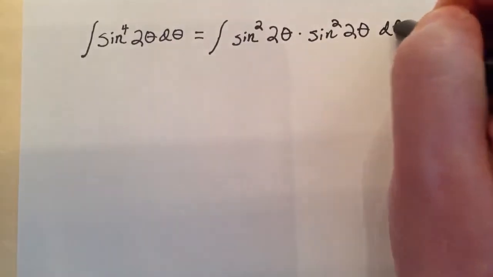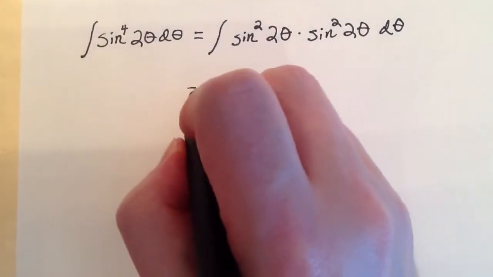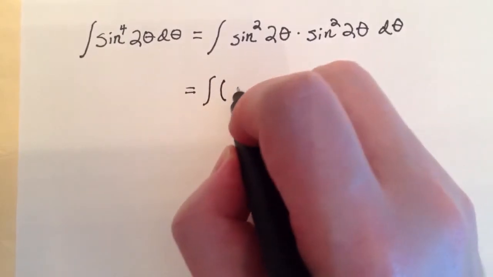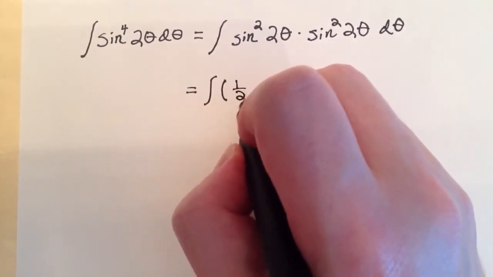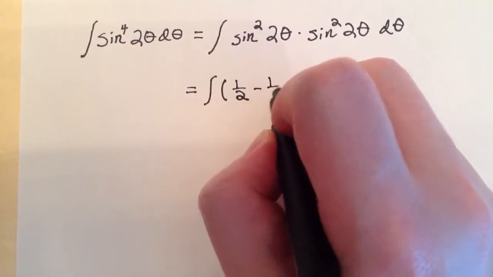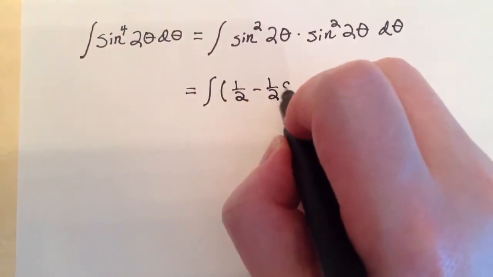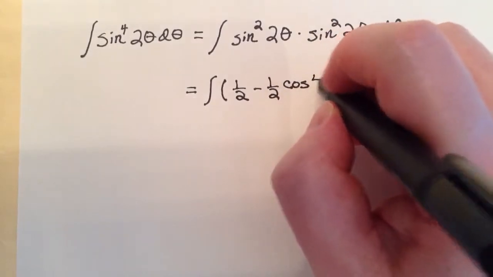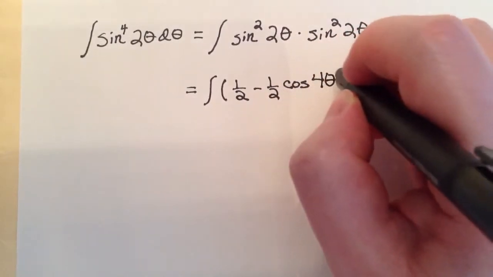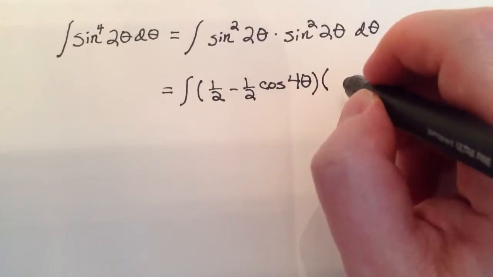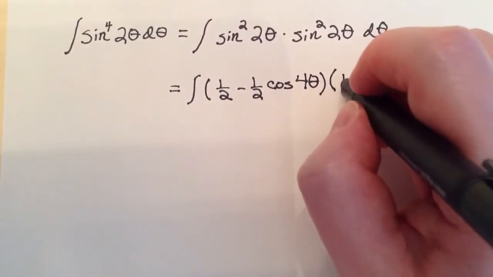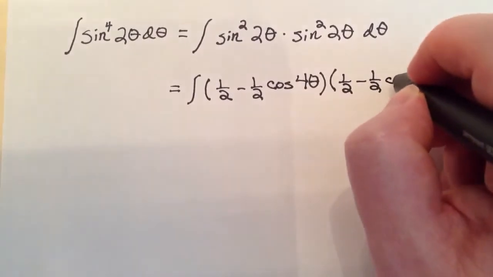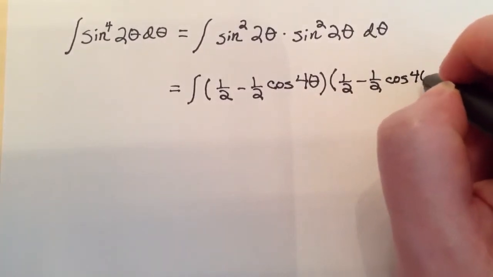d theta, and converting what we have in terms of the double angle formulas, for sine square of 2 theta, that is going to be 1/2 minus 1/2 of the cosine, and this time the angle is going to double to 4 theta. And again, we do this, and we're going to FOIL out the terms.